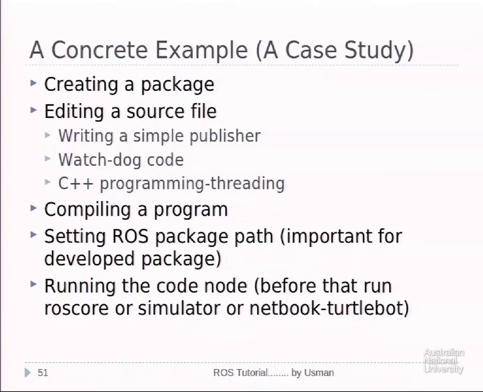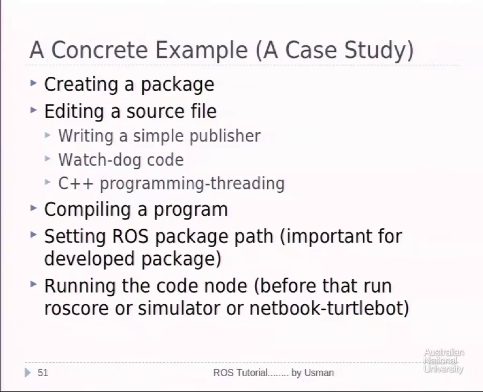This is an example of how you can make your own package, and the package is the same which I used previously, this teleop thing. So you can make this from scratch. Of course, previously I used that package, but now you can actually replicate it. You can make your own package. Then you can edit the source file as well, to see what the source file is and how it looks.